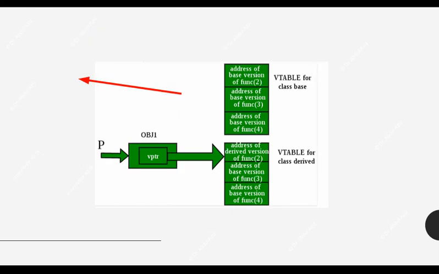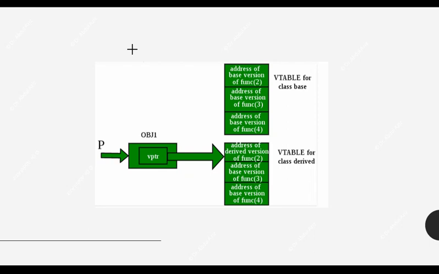So this is basically the concept of memory mapping, how the memory is mapped. This is a snapshot of your memory in which we have shown the virtual table for the base class, and similarly we have the v table for the derived class, and you can see that the function definitions are provided in both classes, but which particular version of the function will be called will depend on your pointer.